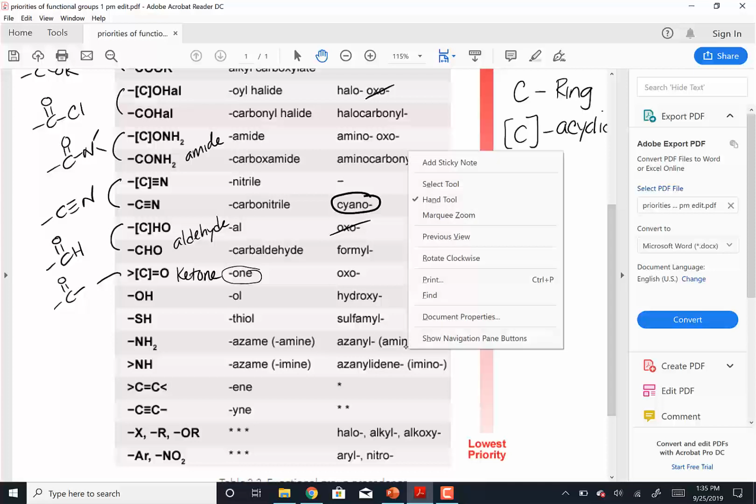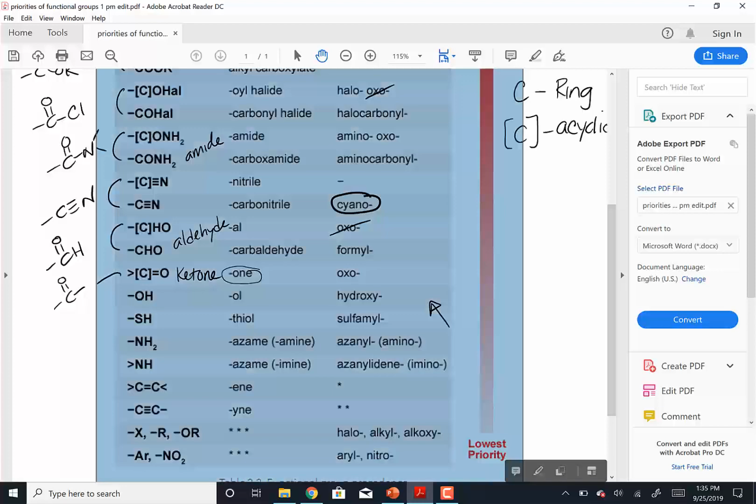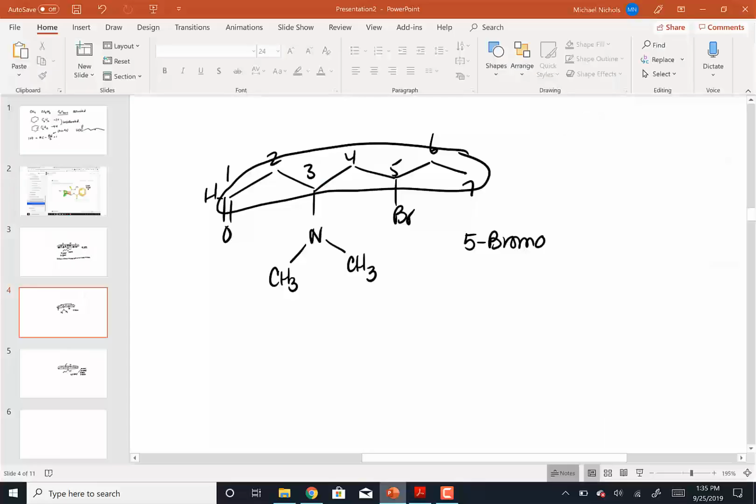So now it's an amino group. So now when I go back, I have a 3 amino group, but I still have attached to that nitrogen, I still have an N dimethyls.